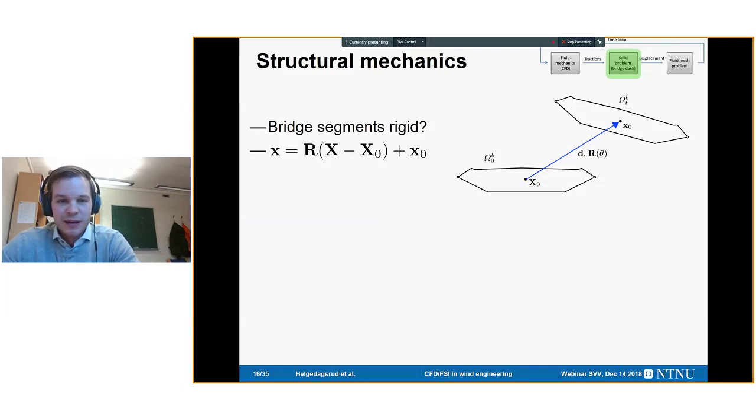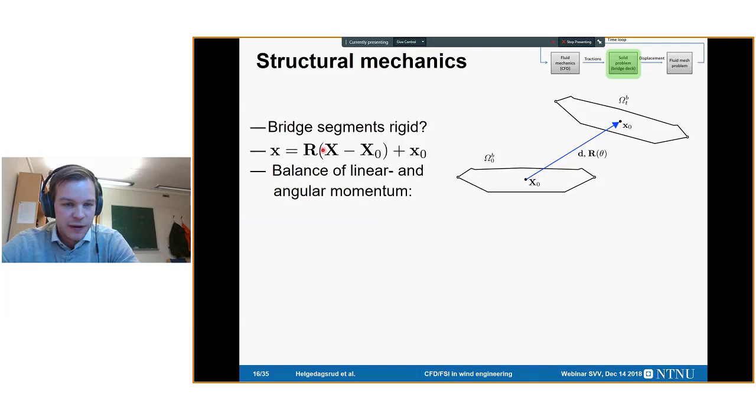And the structural mechanics problem is then given by the balance of linear and angular momentum of the center of gravity alone.